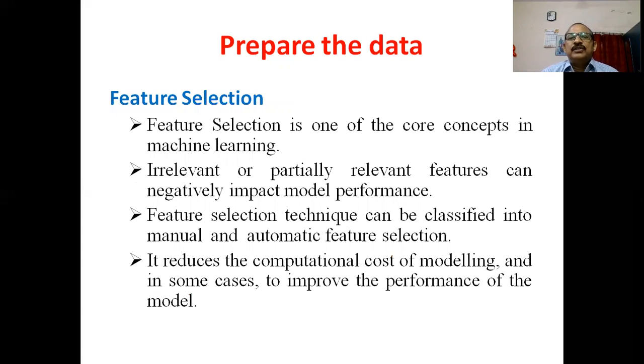Next topic, feature selection. Feature selection is a process of selecting the most important features from a given data set. It is desirable to reduce the number of features, both to reduce the computational cost of modeling and in some cases to improve the performance of machine learning algorithms and models.